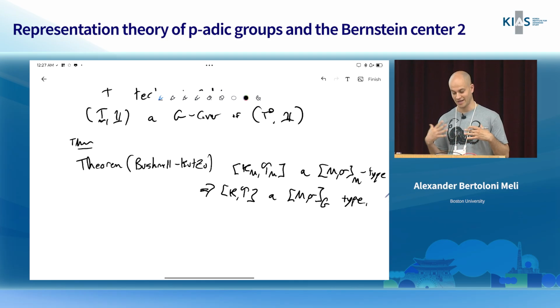So okay, I said that for these supercuspidal blocks we often have types, and then this theorem is supposed to tell you that, if you can produce a G cover, then you also have types for these non-supercuspidal blocks.